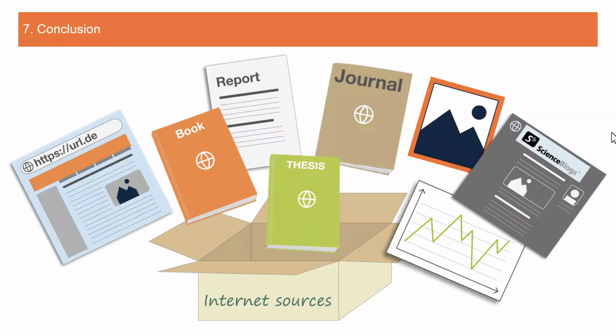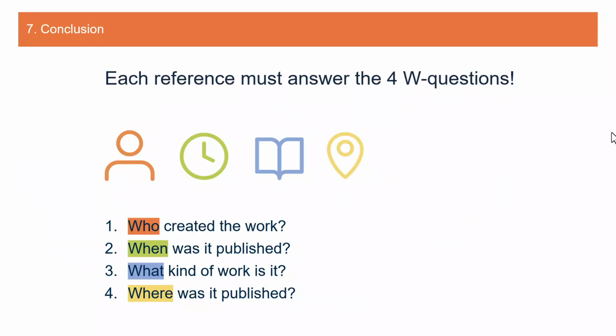Now we know that we have a lot of different types of internet sources and that we have to cite them differently, but we also know that there is a kind of common denominator, that each of our references has to answer the 4W questions: who created it, when was it published, what kind of work is it, and where was it published, to have a correct and complete reference entry.